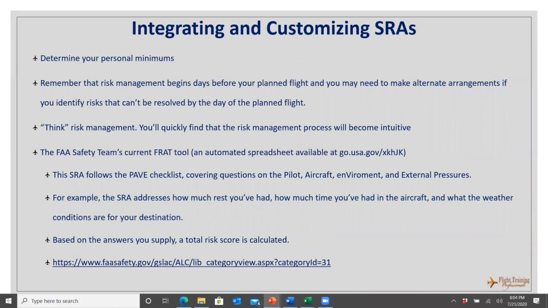Finally, when you're looking at those 5 Ps and the PAVE, you want to determine your personal minimums as well. And remember that risk management begins days before your planned flight, and you might have to make some alternate arrangements. So you want to start thinking risk management.